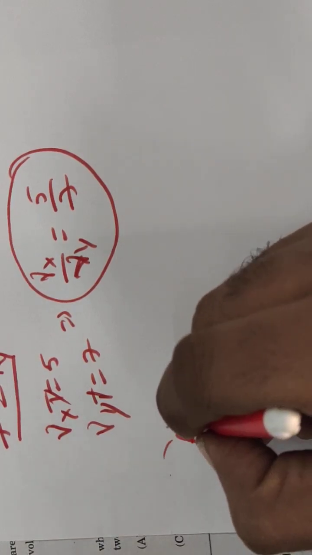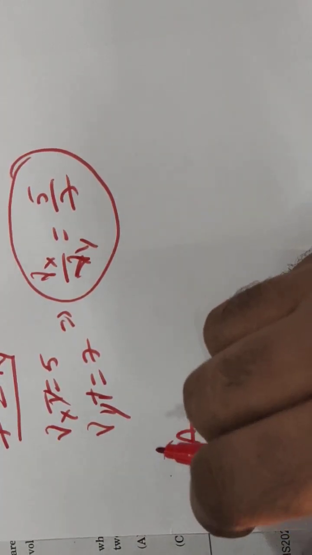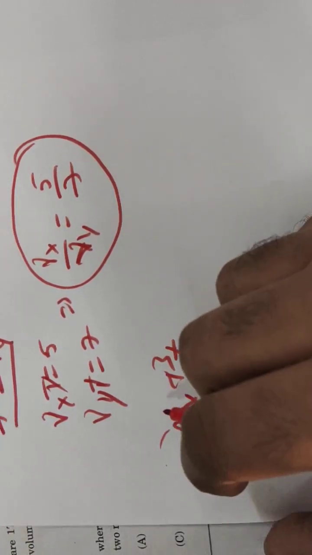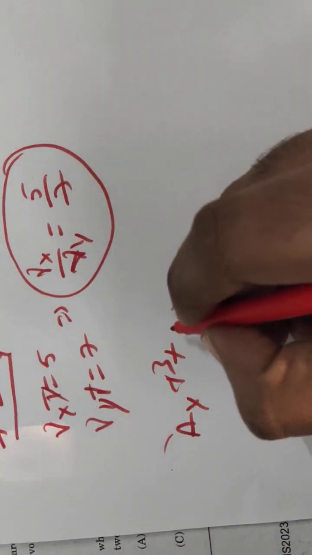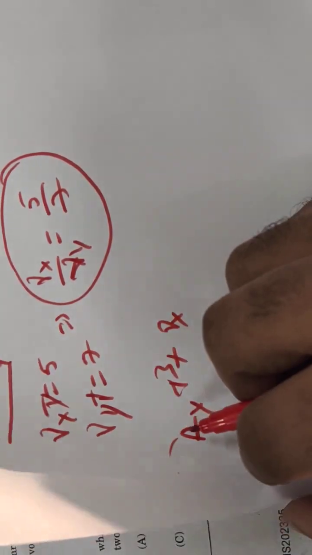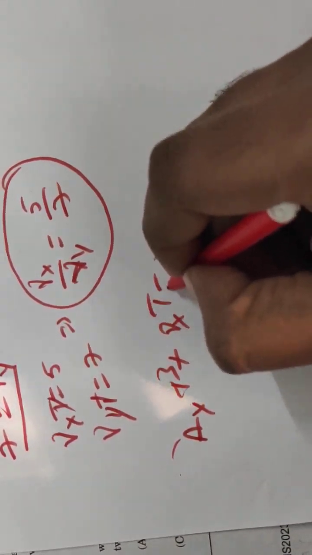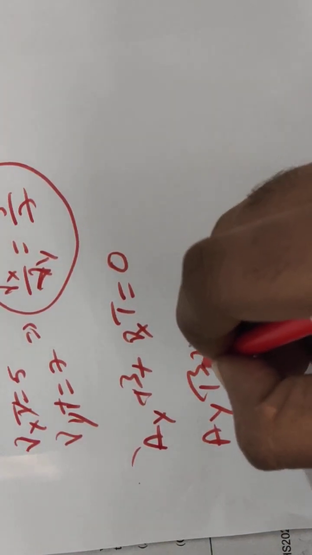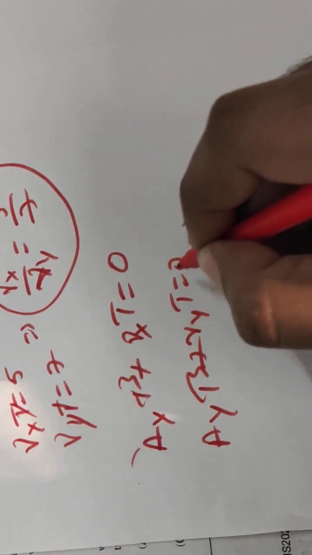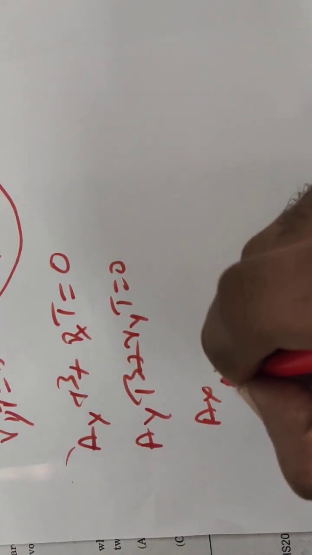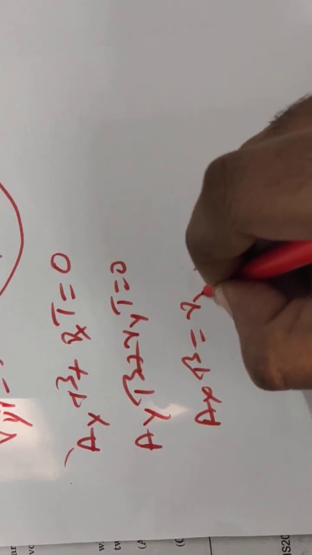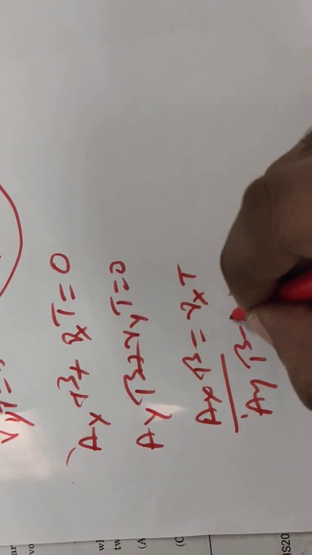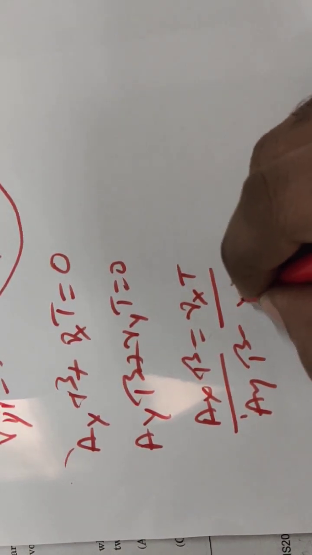For simplification, ax t cube plus gamma x t is equal to 0, and ay t cube plus gamma y t is equal to 0. So ax t cube is equal to gamma x t and ay t cube is equal to gamma y t.